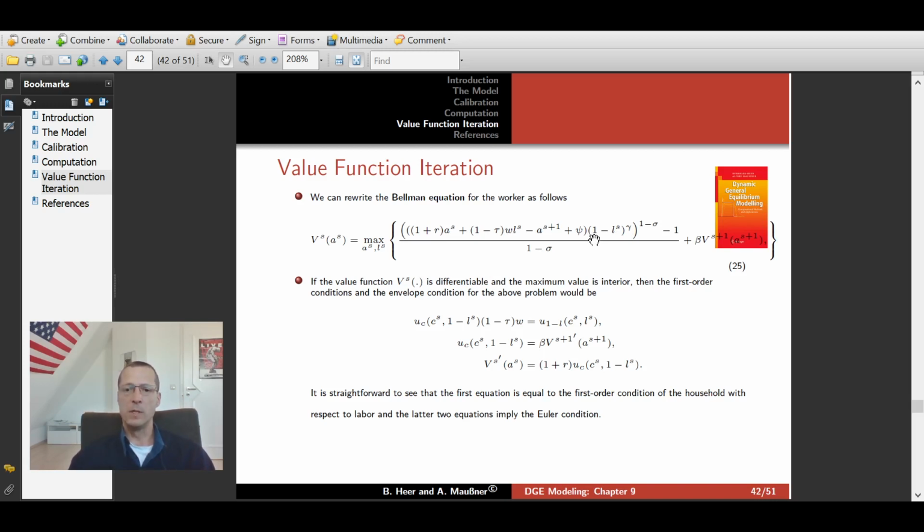The well-known first order condition that you already know from our Lagrangian function, exactly the same first order condition.